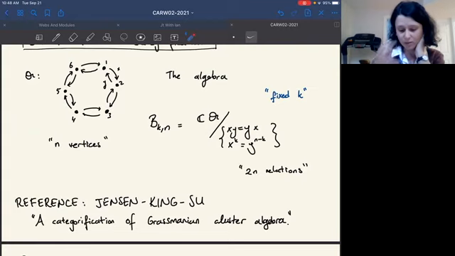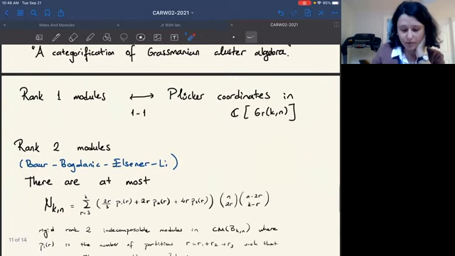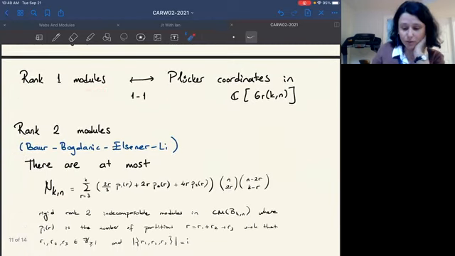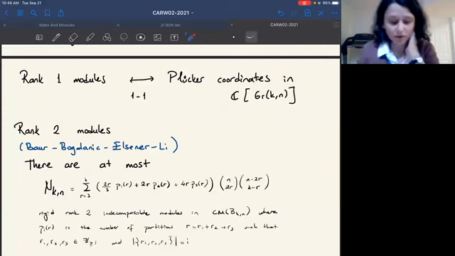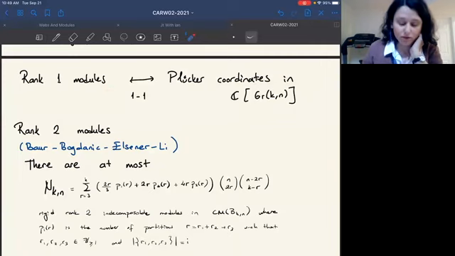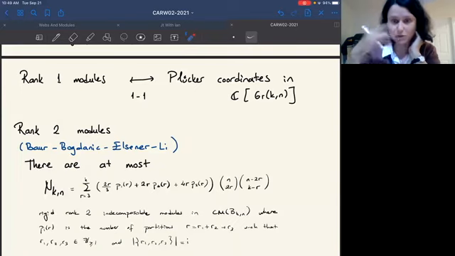The building blocks in this algebra are the rank 1 modules, and they understand them very well because they correspond to Plücker coordinates in the homogeneous coordinate ring of the Grassmannian. The rank 1 modules, which are in correspondence with the Plücker coordinates, are well understood, and every other module has a filtration using rank 1 modules.